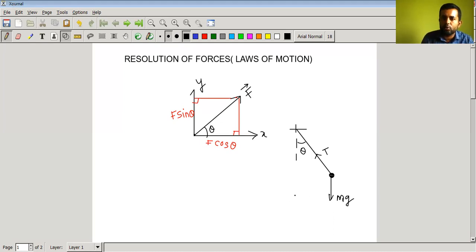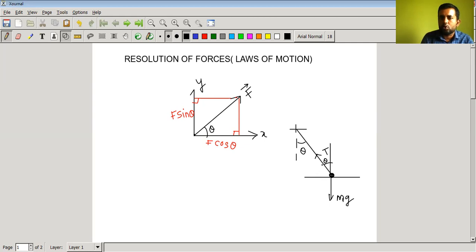Now let us say we have to resolve these forces. So we draw an x-axis here, and this is our y-axis. We all know that this angle will be theta.